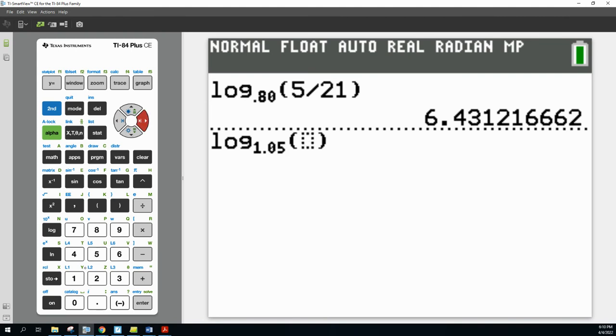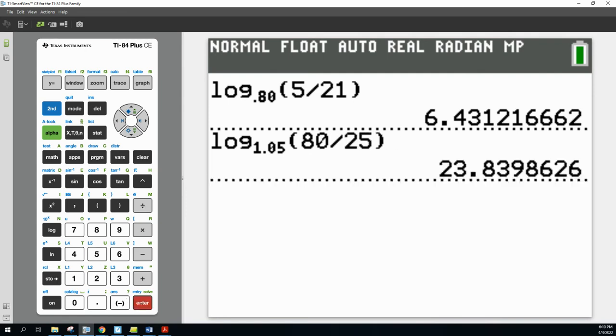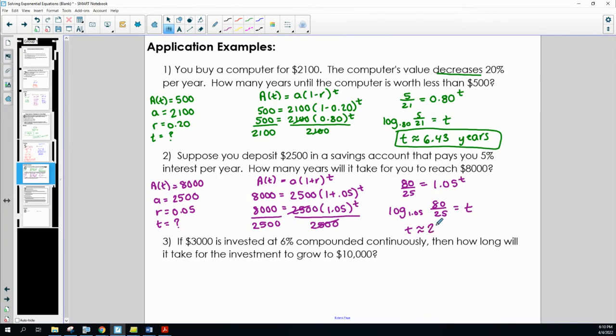And then I'm using 80 over 25. Okay, and I get about 23.84 years. It's a word problem, so don't forget our units, which is years.